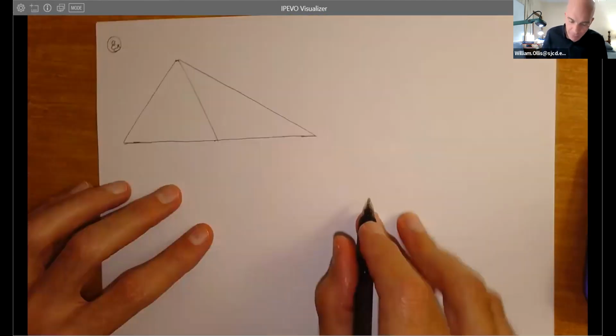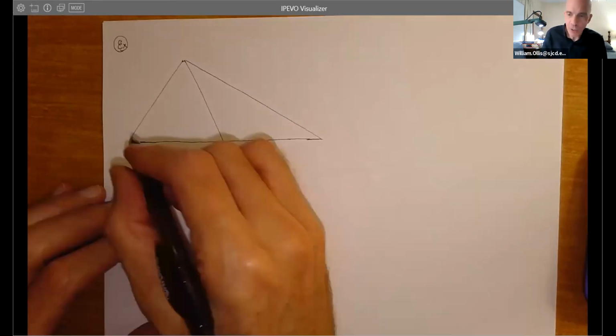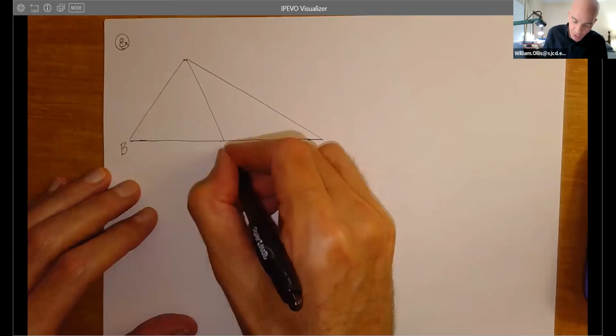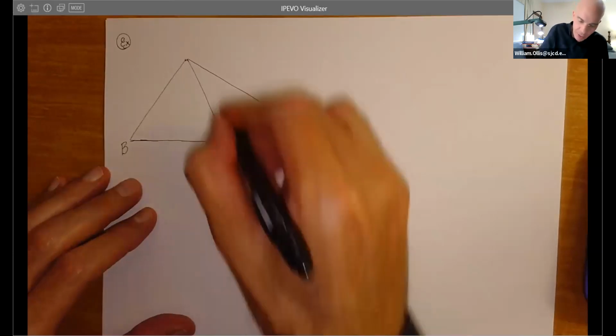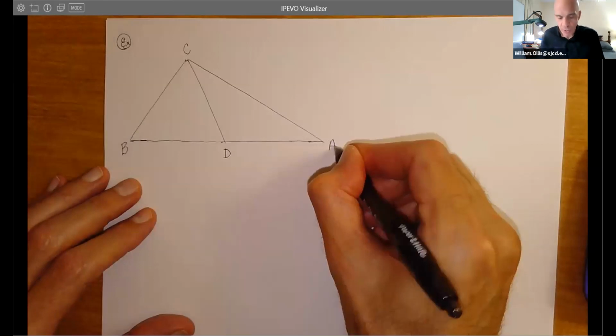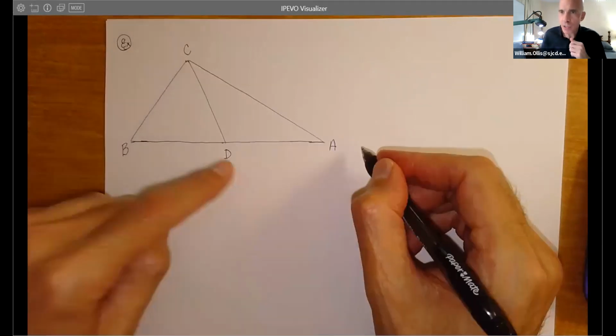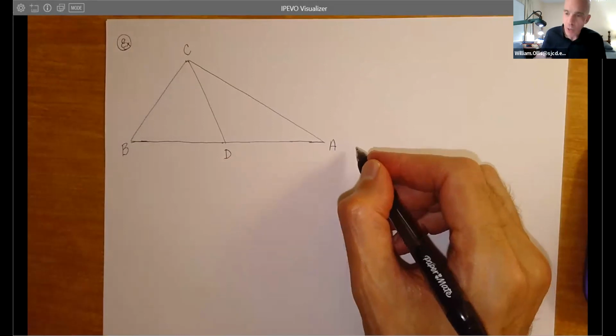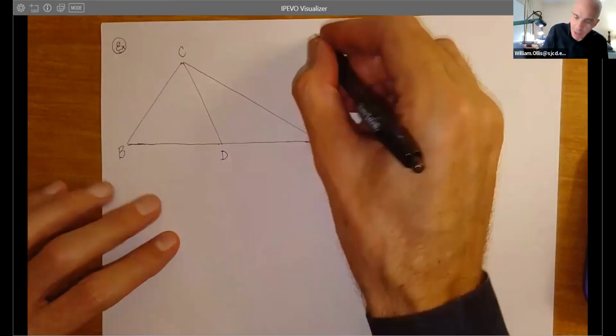So what do we have here? Now you're going to think, oh man, I got all these triangles here, and you got all these letters. You're going to drive us crazy with the letters. No, I'm going to make it easier. We're not going to do angle CBD like you did in high school. We're going to keep it simple because we want to keep our sanity. So here's the hypothesis.